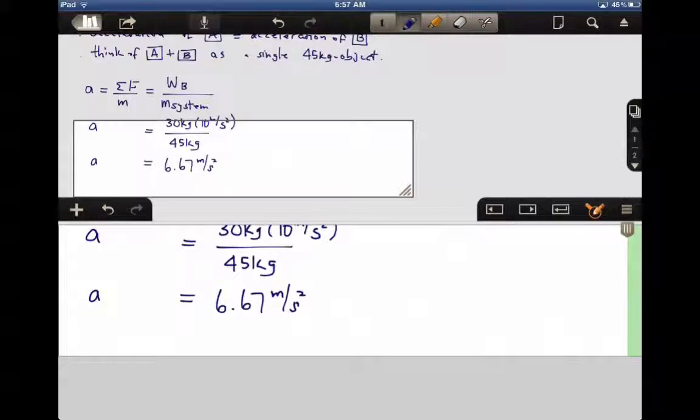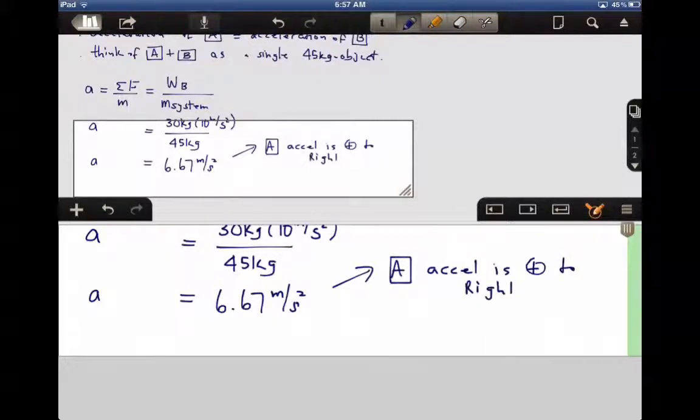Now in terms of direction, for block A, the acceleration is positive or to the right. In B, the acceleration is negative or down.